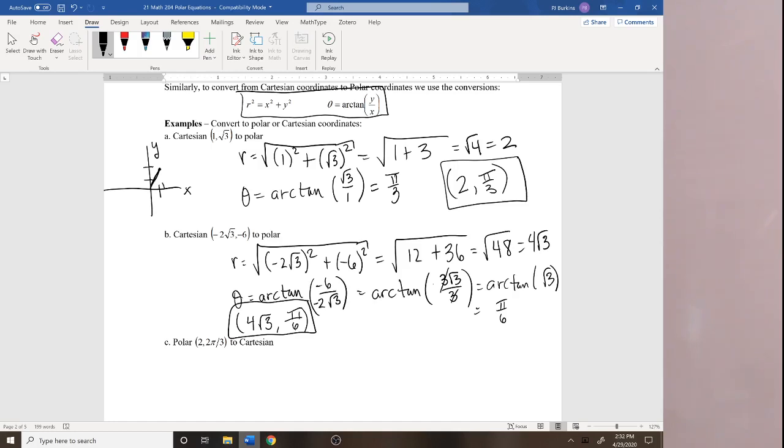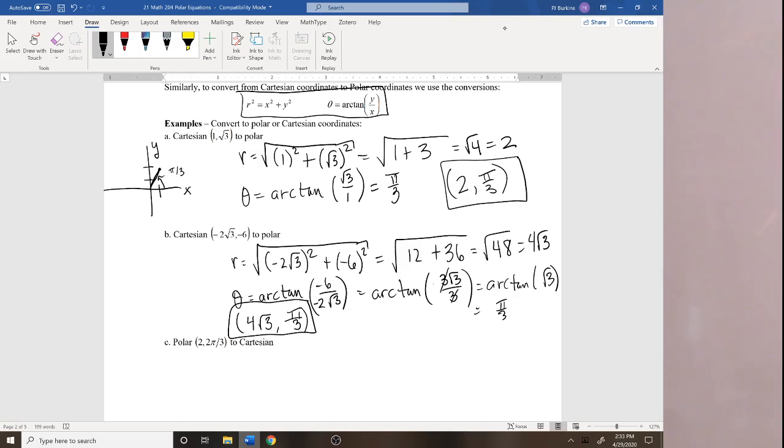So does this angle look like pi over 3? Wait, why did I put pi over 6? I'm losing it. It's 60 degrees, not pi over 6. It's the same angle as before. So does it appear that that is a 60-degree angle and a length of 2? Well, yeah, I believe that.